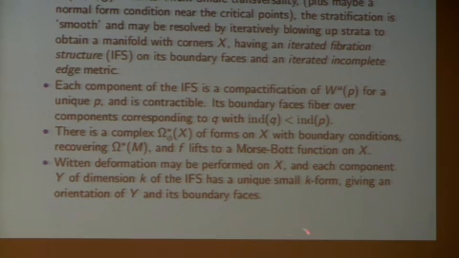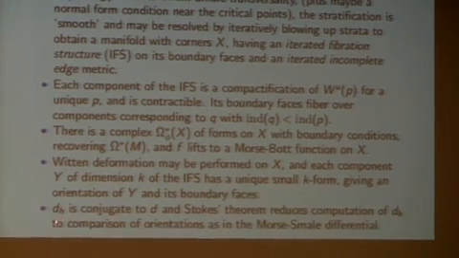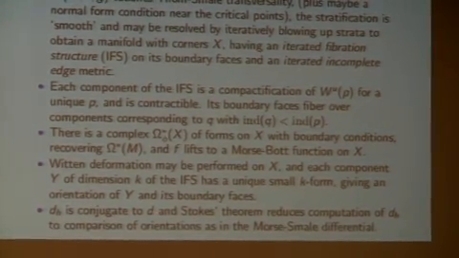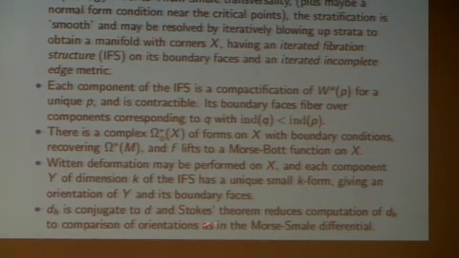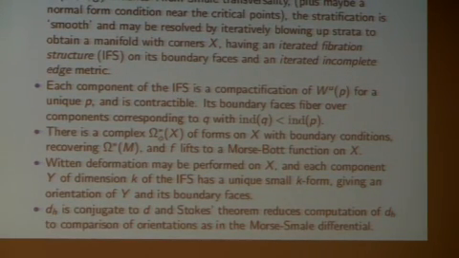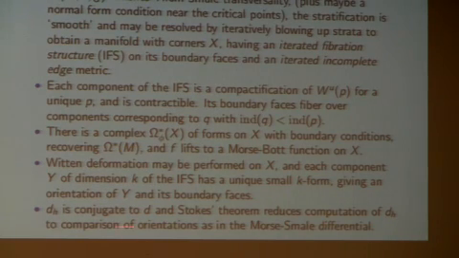And the boundary faces, again, as I said, are related to critical points of smaller index. So as before, the Witten differential is conjugate to the ordinary differential. And then just by using Stokes' theorem, you can reduce the computation of the Witten differential to a comparison of the orientations, which is exactly what you would expect to be getting from the Morse-Smale differential. So that's the outline of the argument here.